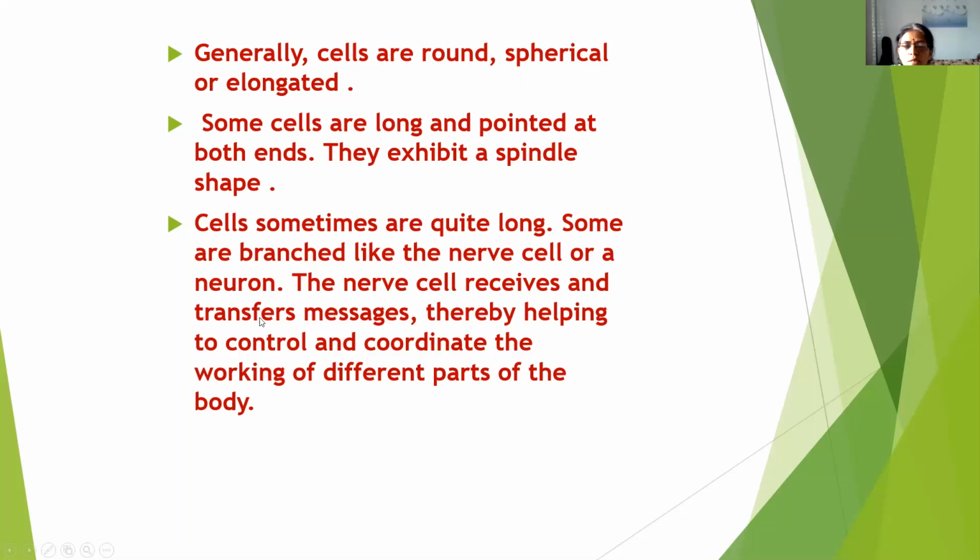Why are nerve cells long and branched? Because the shape of the cell depends on its function. As a nerve cell receives and transfers messages, thereby helping to control and coordinate different parts of the body, nerve cells or neurons are very long and branched.